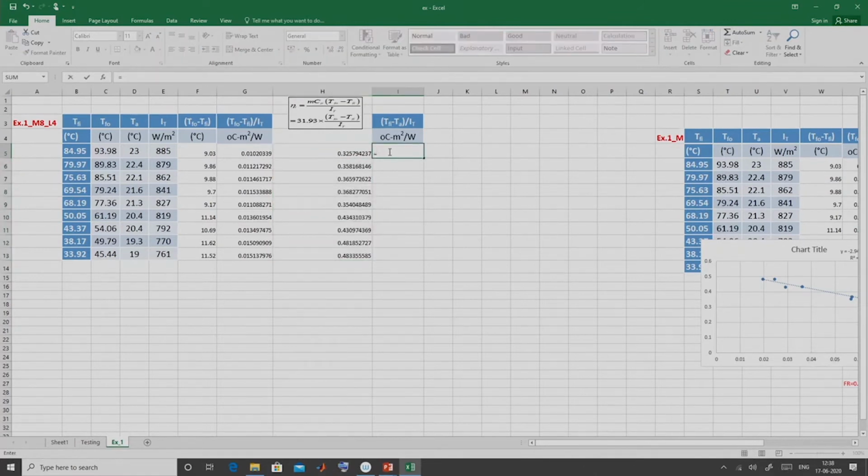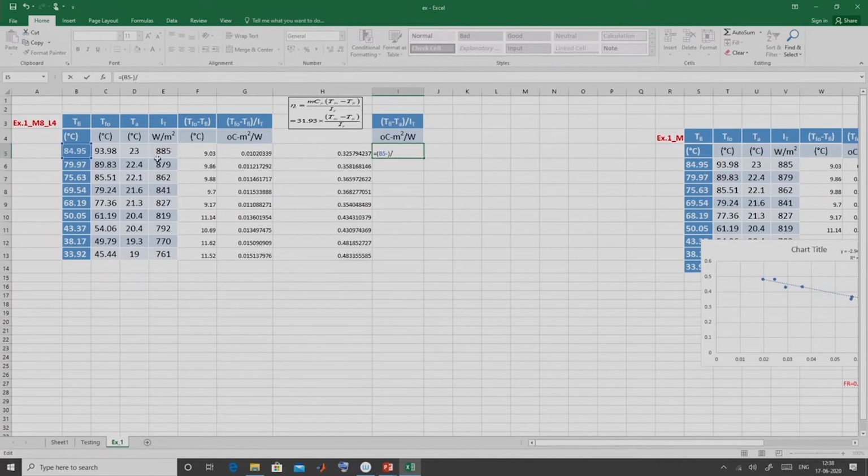So, this value we can calculate. So, once we know TFI, what is TFI here? This is the TFI, then we have to deduct minus TA, then divided by, so this will come outside, divided by, we will have IT.